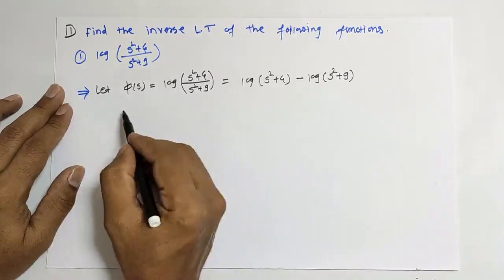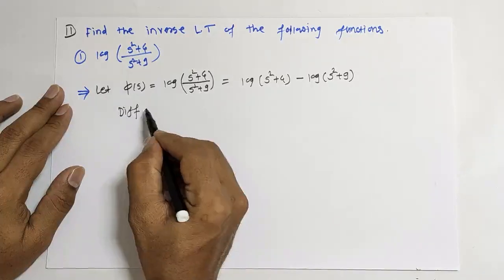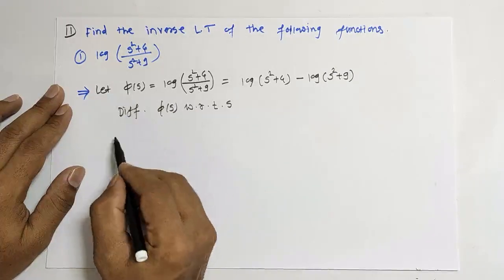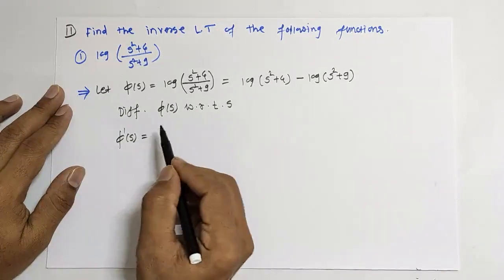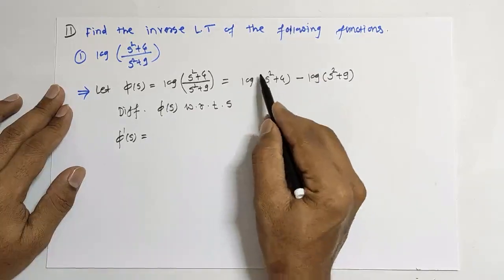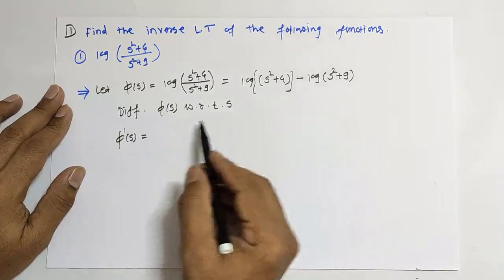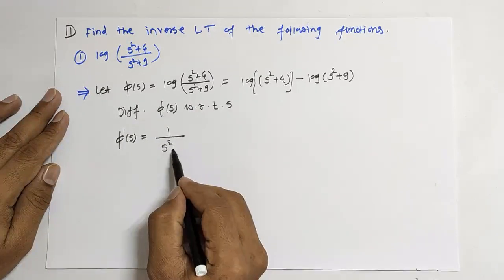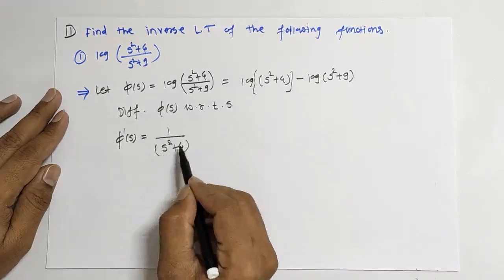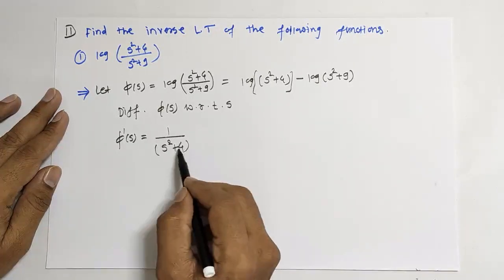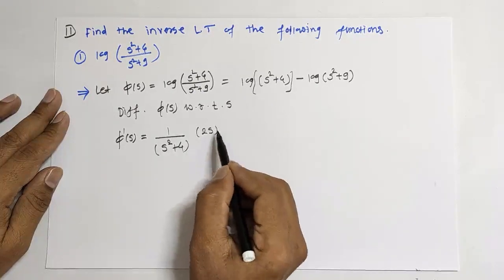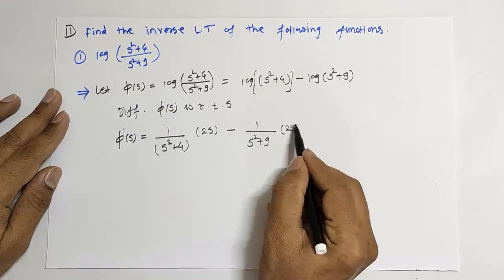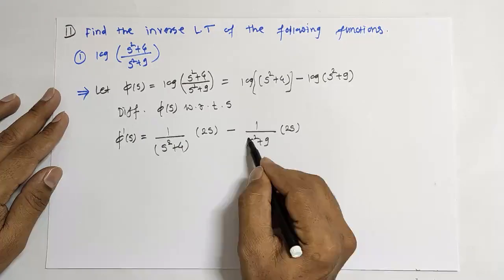After using the property of logarithm, differentiating phi of s with respect to s, on the left hand side phi dash of s is equal to, on the right hand side, as we know the derivative of log x is 1 by x, so 1 upon s square plus 4 into the derivative of s square plus 4, which is a chain rule, with respect to s is 2s, minus 1 upon s square plus 9 into 2s, the derivative of s square plus 9.